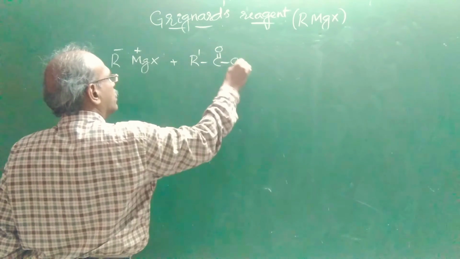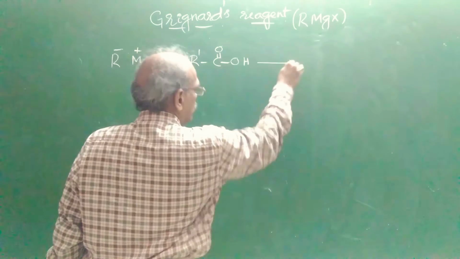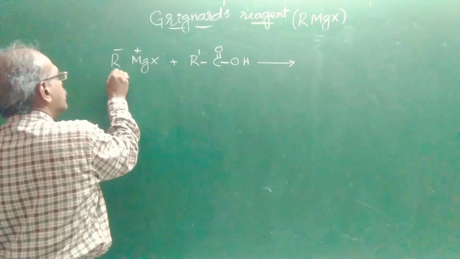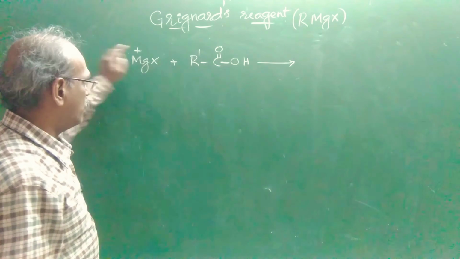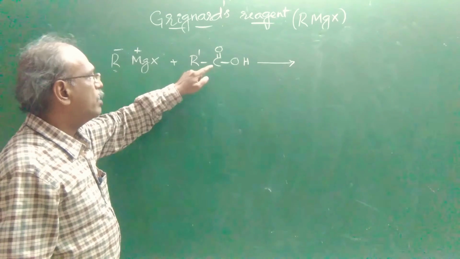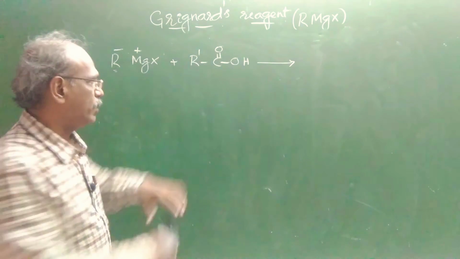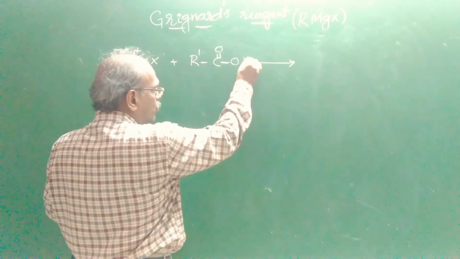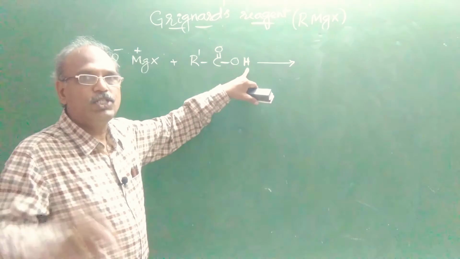It's a little bit different than expected. First step, what a student generally expects is R minus is there, C double bond O is there, so it attacks here. Why? Because of positive charge. At the same time, he is forgetting one thing. Here this hydrogen also has positive charge. This is released as H plus.